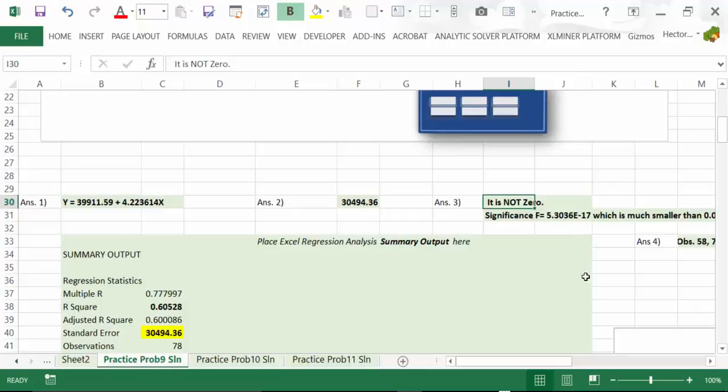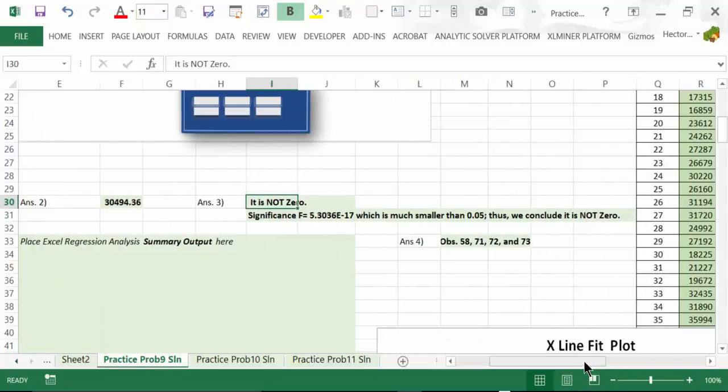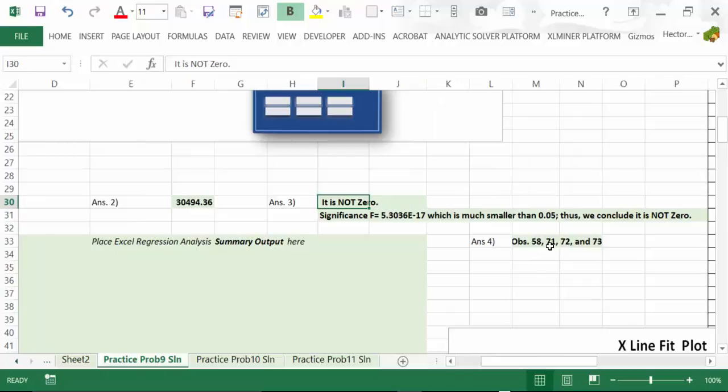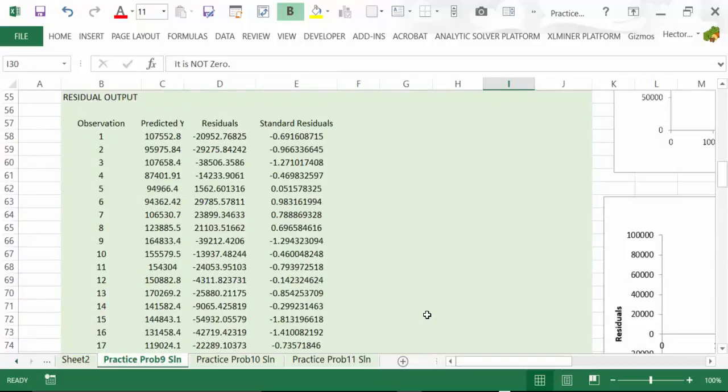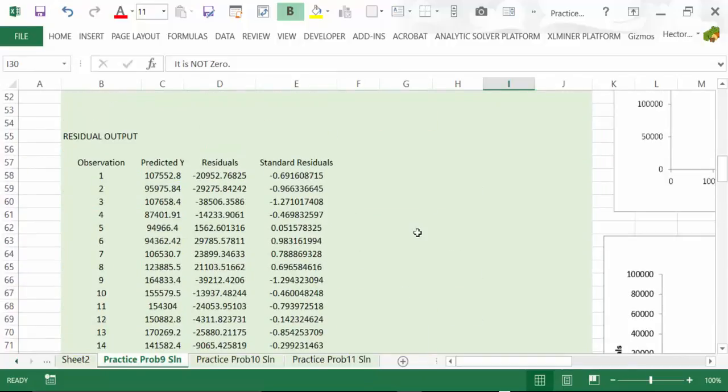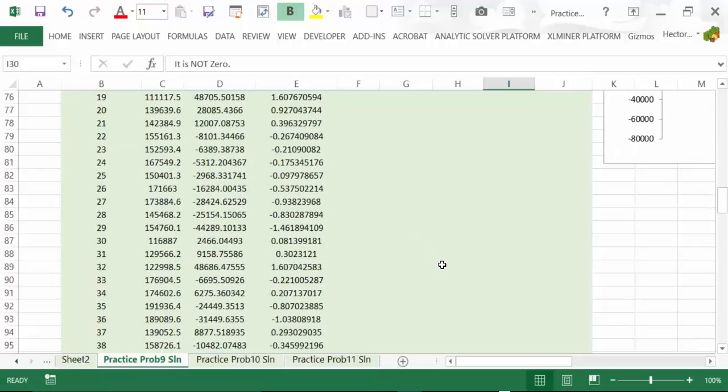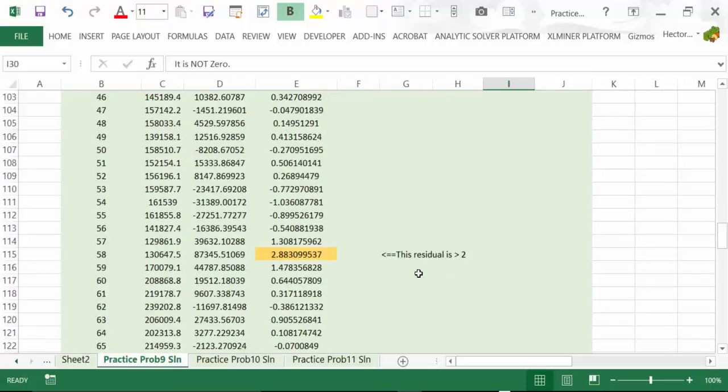Okay. And then finally, we're asked to look at observations whose residuals are 2 standard deviations above the mean, and we can find those: 58, 71, 72, and 73. If we look at the standardized residuals, here's our first one, observation 58.